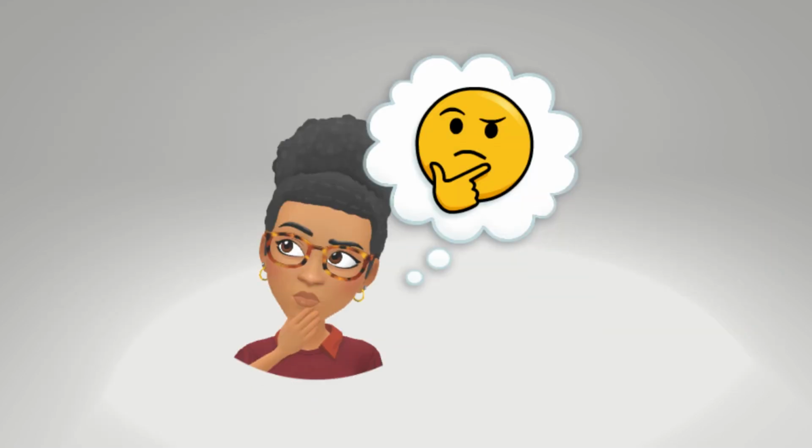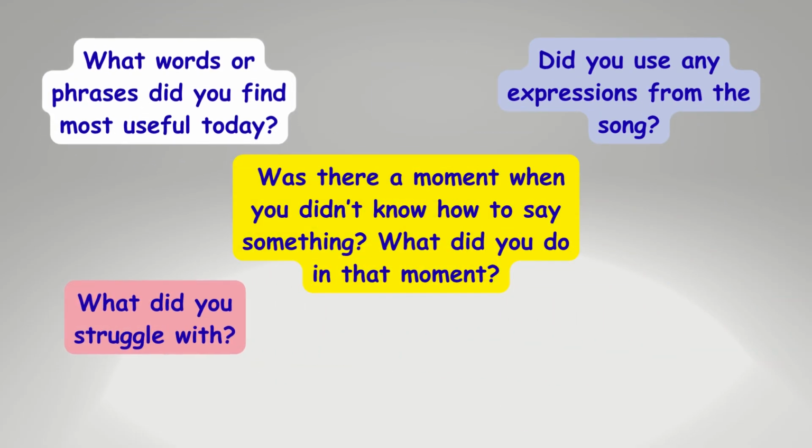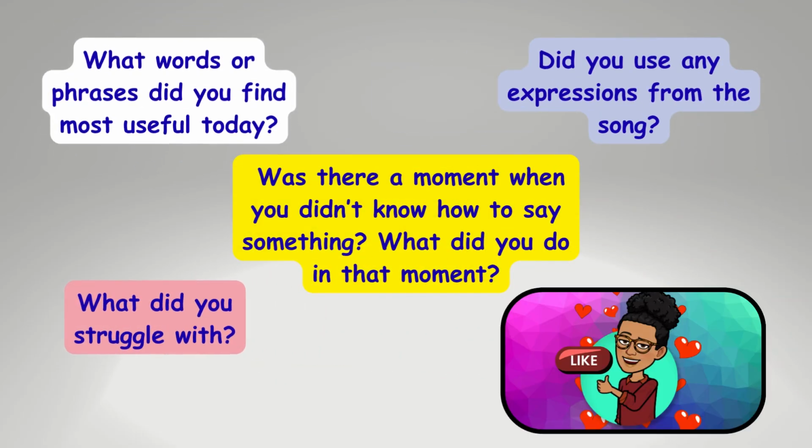Stage 7, Reflection. Give students 90 seconds or 2 minutes of quiet thinking time, then share one reflection with a partner. The prompt questions to use are: What words or phrases did you find most useful today? Was there a moment when you didn't know how to say something?